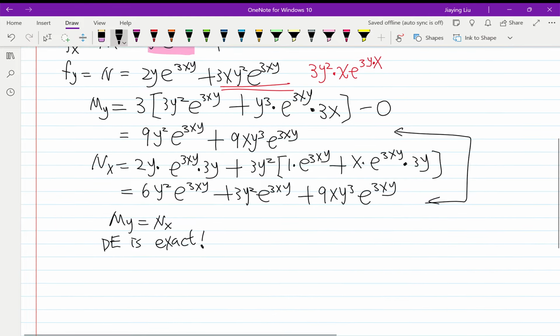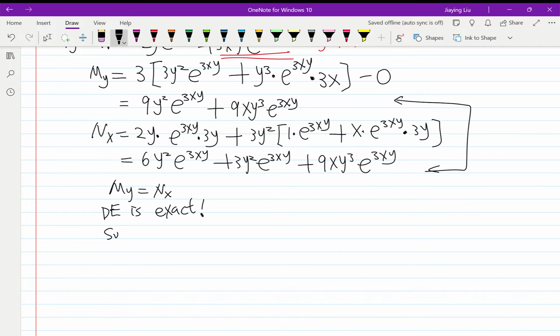That's a good thing because we know what the solution looks like. So the solution to the differential equation is going to be in the form of some function with x and y being the input equals a constant c. Any questions? So we have to figure out what the function is, right?